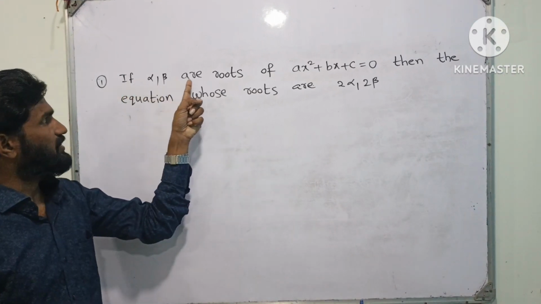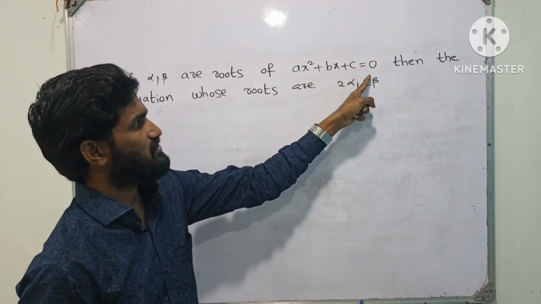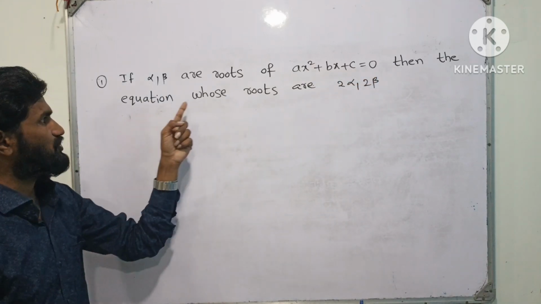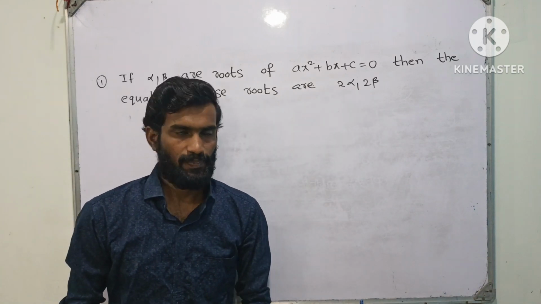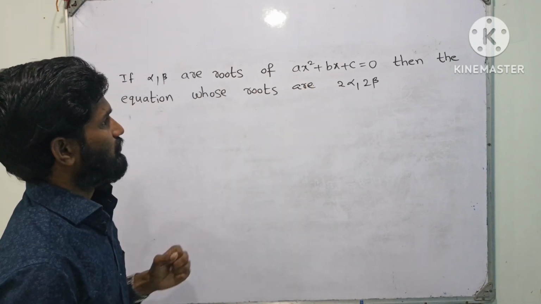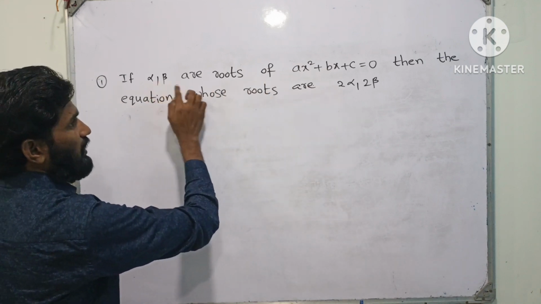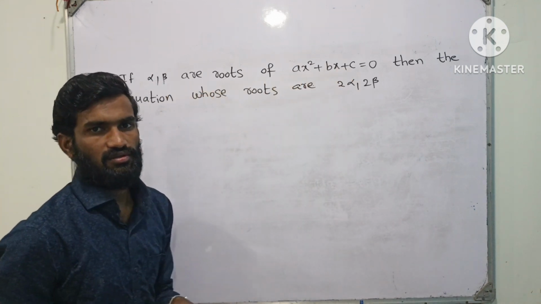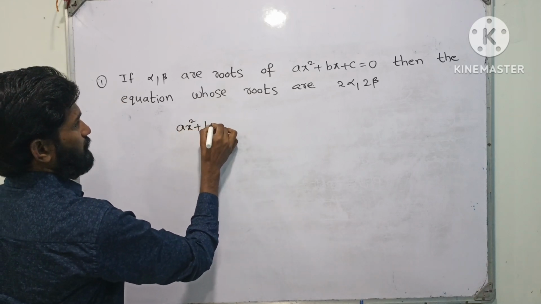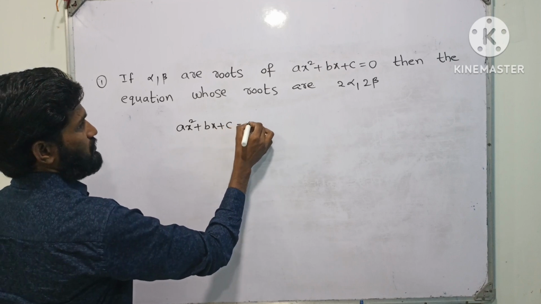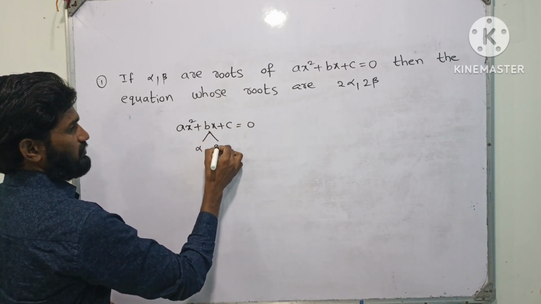If alpha, beta are roots of ax square plus bx plus c equals 0, then find the equation whose roots are 2 alpha, 2 beta. Just observe here, alpha, beta are the roots of the equation ax square plus bx plus c equals 0.